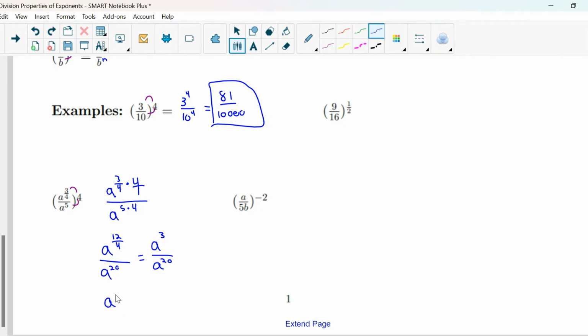So this is the same as saying a to the 3 minus 20 power. 3 minus 20 gives me negative 17. And remember, I don't want to write any of my solutions as a negative exponent. So since I have a negative exponent, I'm just going to take the reciprocal. So my final answer is going to be 1 over a to the 17th power.